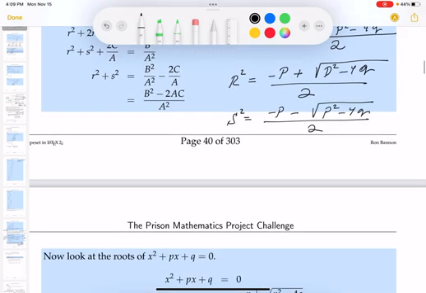Well, you know what? I'm going to add this together. R squared plus s squared, which I know what it is already. And what does this give me? Well, if you add that together, it's going to come out of 2.